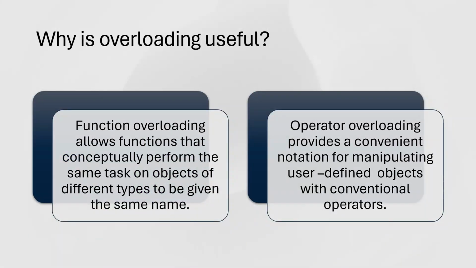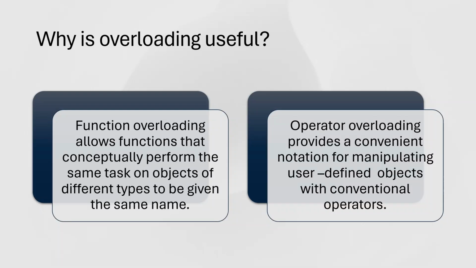Why is overloading useful? That is function overloading and operator overloading. Function overloading allows functions that conceptually perform the same task on objects of different types to be given the same name.